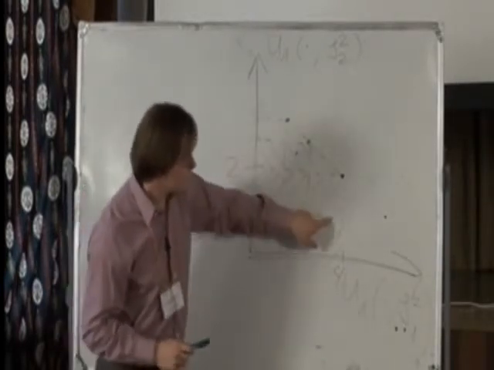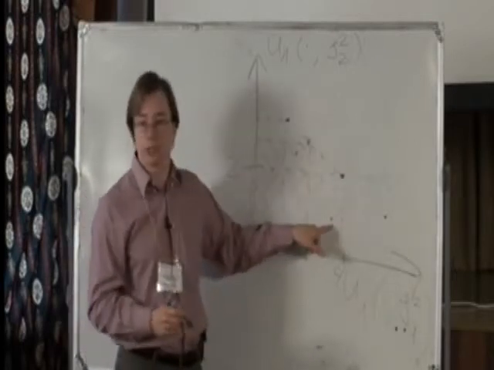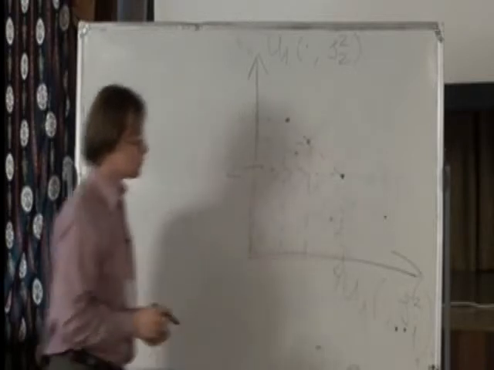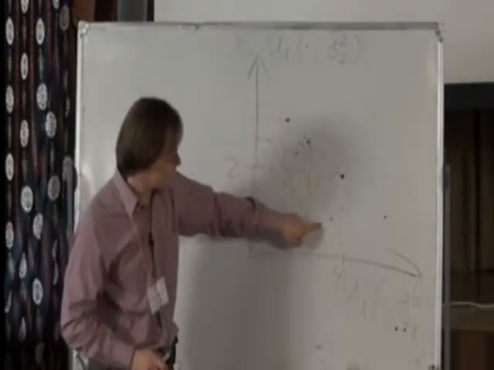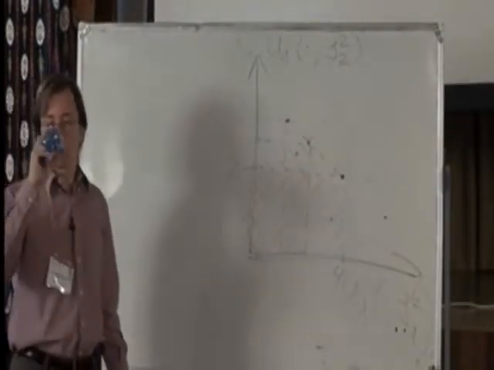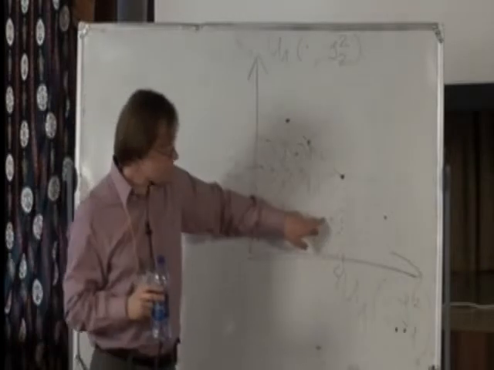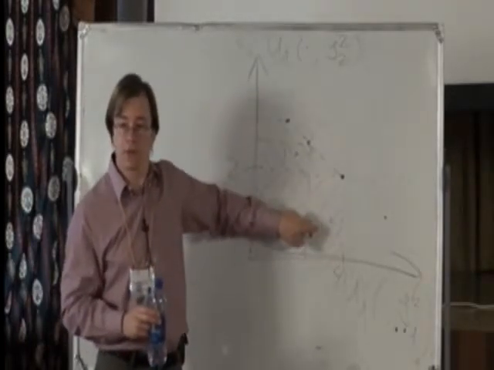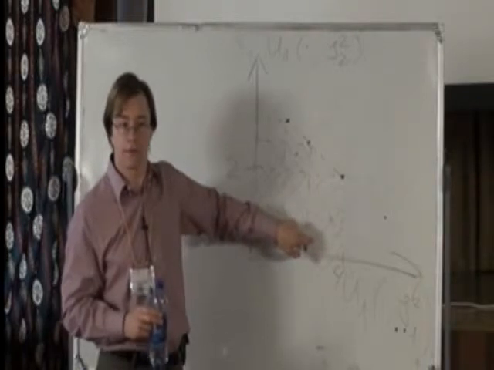You see that for this strategy, I couldn't possibly draw such a plane because however I draw it, some of the payoffs are going to be above the plane, some of the payoffs are going to be below the plane.